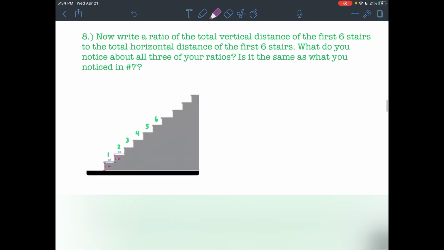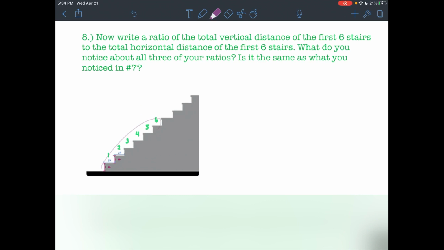Then you're going to make another ratio, but this time it's just for the first 6 stairs. What would the total vertical distance of the first 6 stairs be compared to the total horizontal distance of the first 6 stairs? Write it as a ratio. And then, what do you notice about all 3 of those ratios?